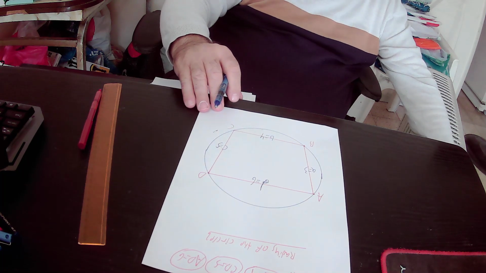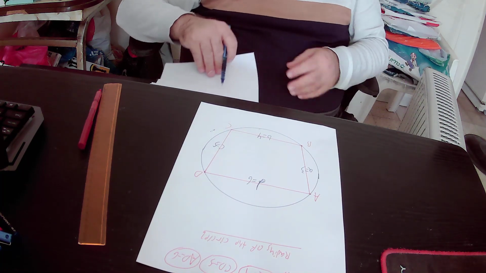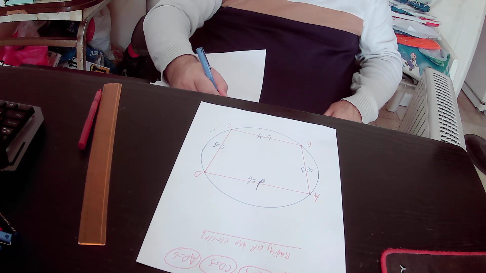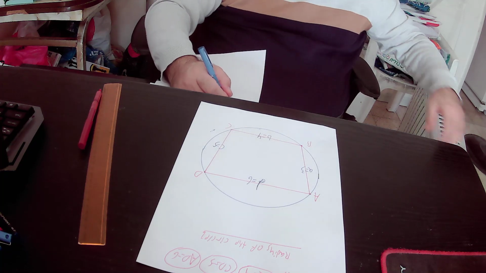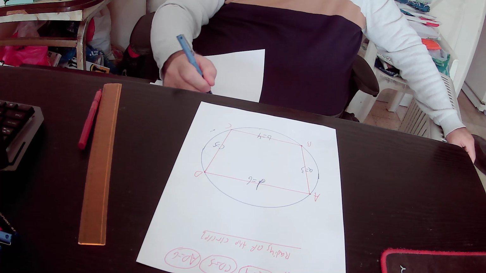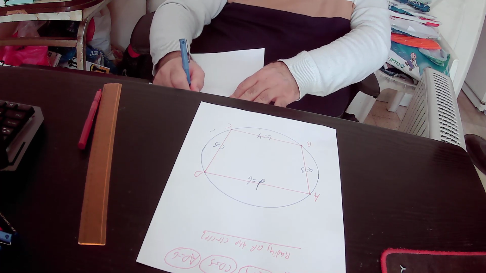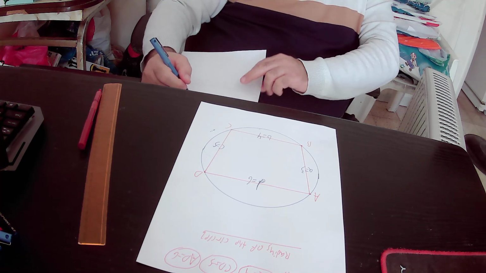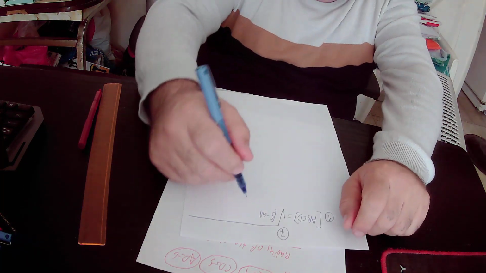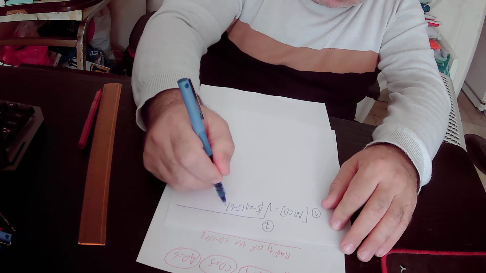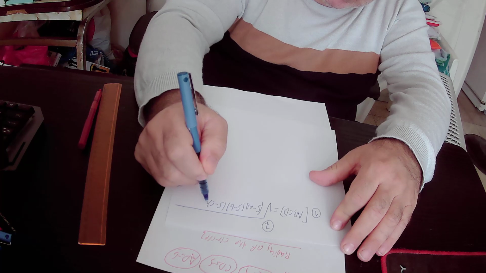This is our original drawing, and so according to rule number 1, the area of this quadrilateral ABCD will be equal to the root of S minus A times S minus B times S minus C times S minus D.